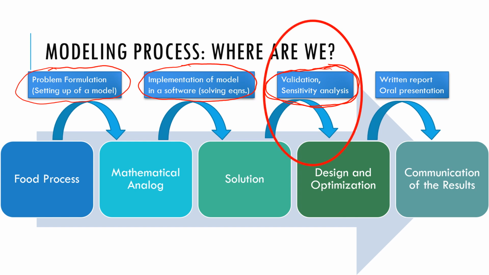And then once that is done, we communicate the results of the model. So this step is trying to build trust in the model. How do we make sure that the simulation results we're getting are indeed correct, reasonable? That's what these 5 videos are about.